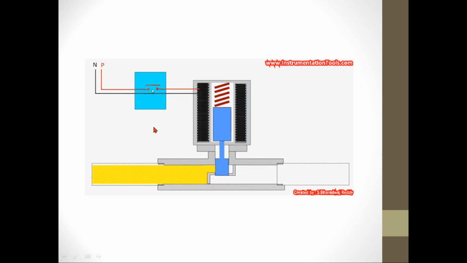But when the solenoid is supplied with the voltage, the plunger moves upward, creating an opening from the inlet going to the service port. That is how the solenoid valve works.